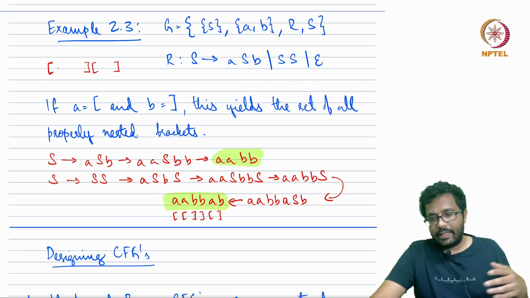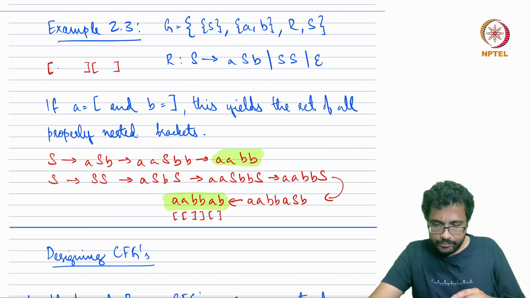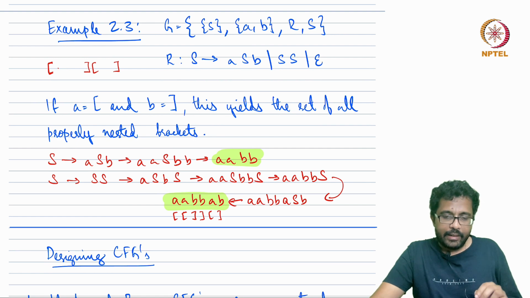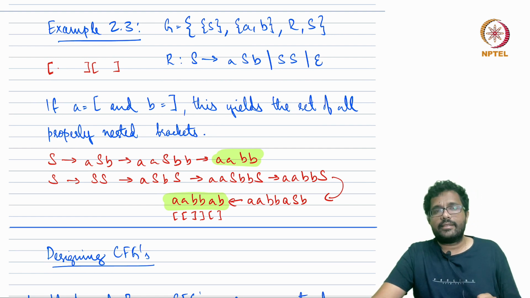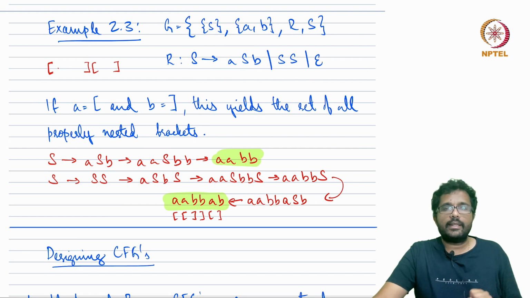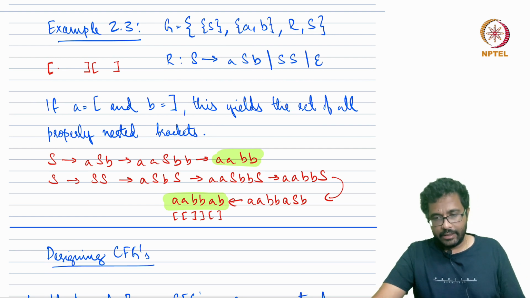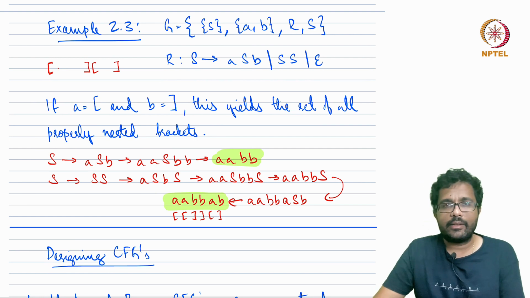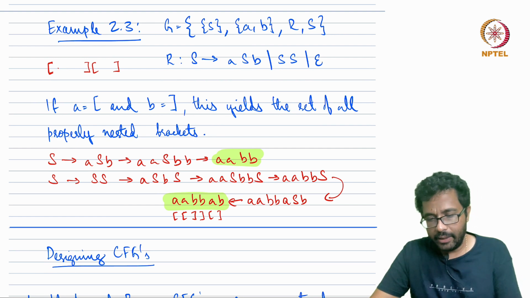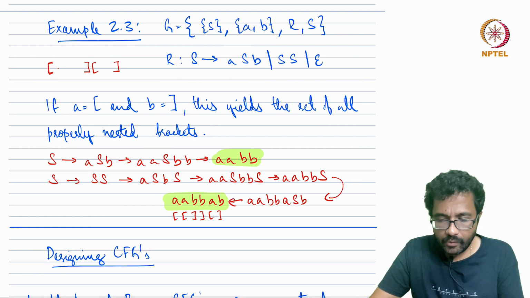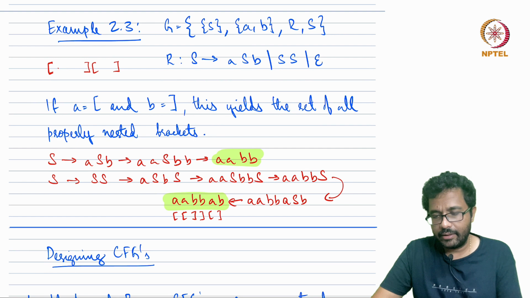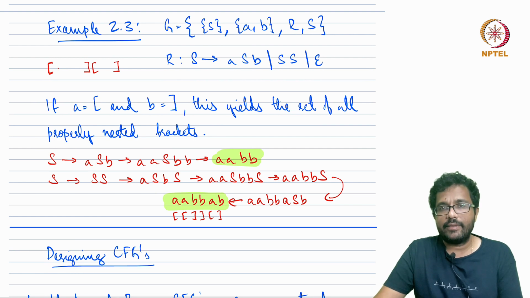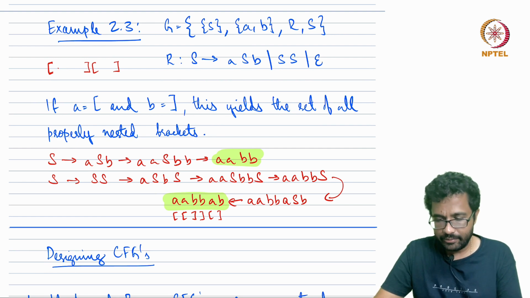This is the high level idea, but it can indeed be verified that this generates all the strings that correspond to properly nested brackets. So it's a very simple context free grammar: only one variable S, only two symbols a and b, and three rules. S gives aSb, S gives SS, and S gives empty string.